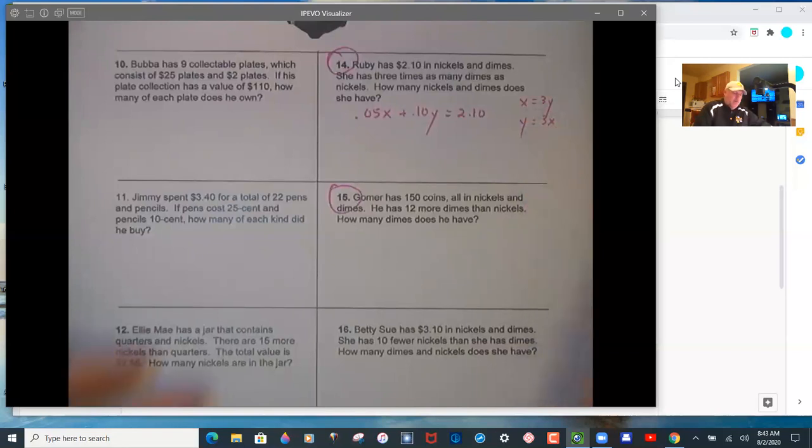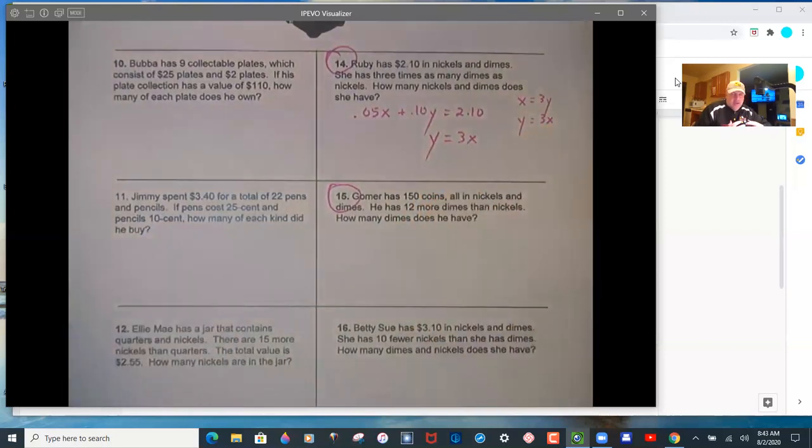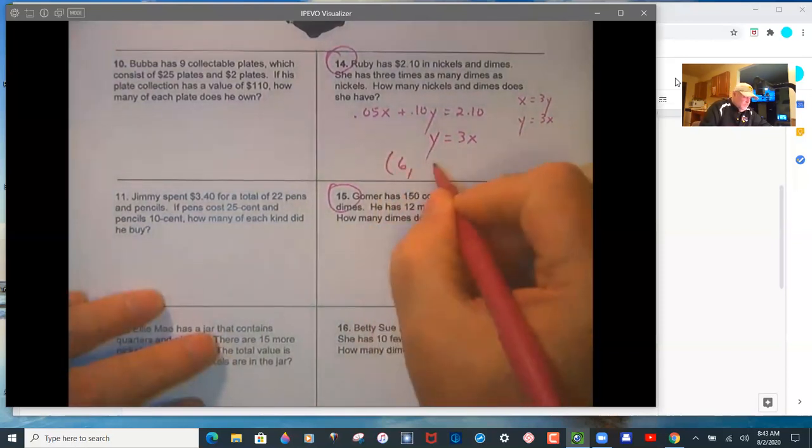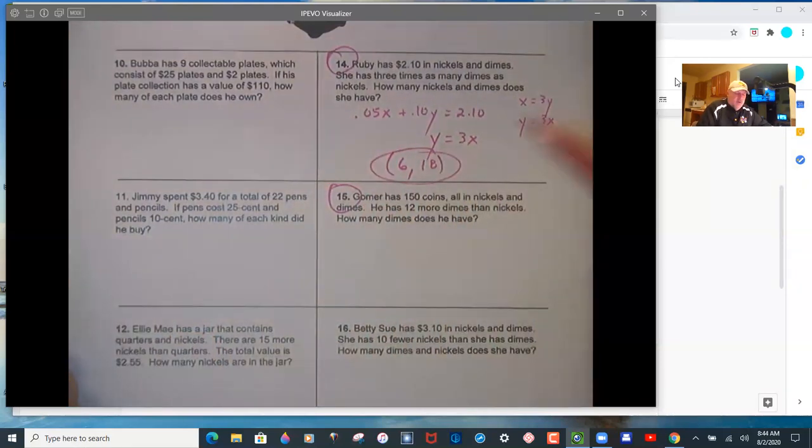So it's y equals 3x. So what I'm doing is I'm just using a set of values, not the answer, but a set of values, and substituting them in to see which one it is. So again, I used 9 dimes and 3 nickels. So 9 is y, and 3 would be x, and so the second one is true.